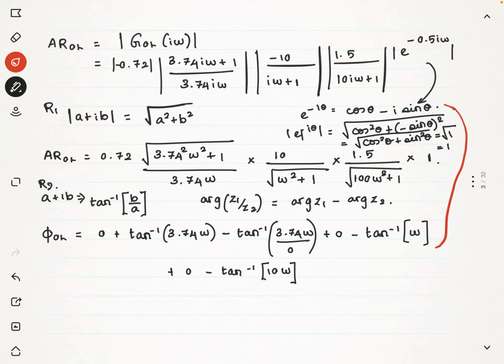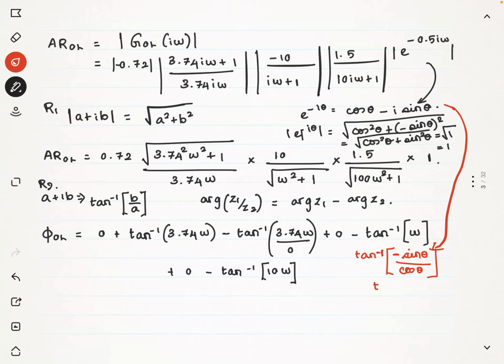So if you see from here, tan inverse of b by a, the imaginary part is minus sine theta, by the real part is cos theta.